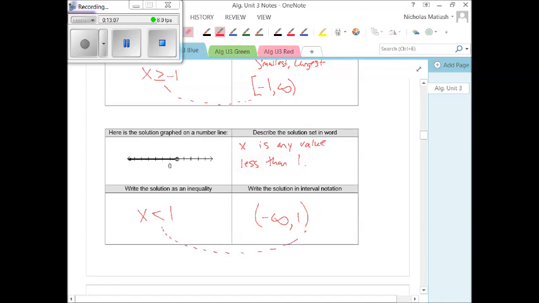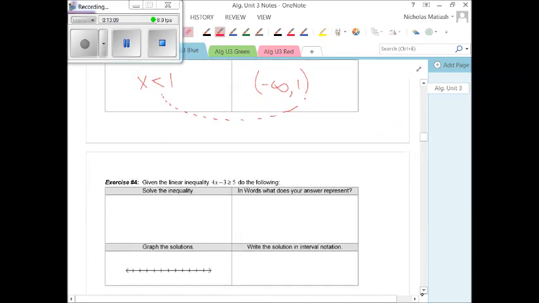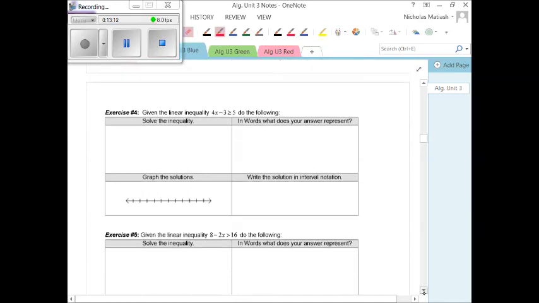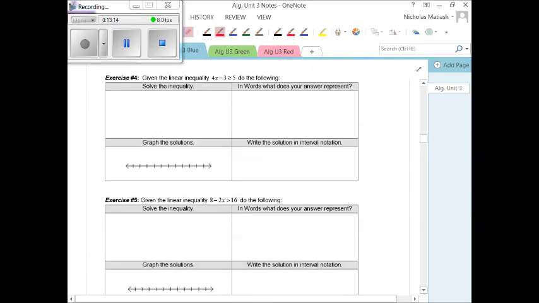By the way, the square brackets versus the parentheses, that is just based on if it's included in the set or not. So in here, sorry guys, I'm still a little sick. Less than 1, you see the dot is at 1. It's not filled in, so that would just mean that it's not included.